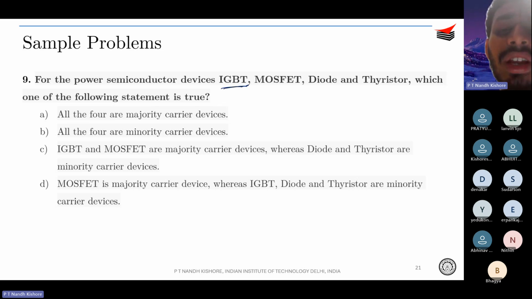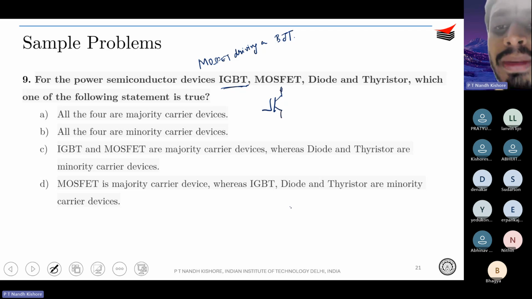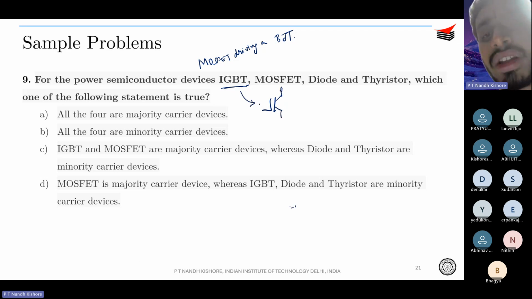IGBT, as you may be well aware, is actually a MOSFET driving a BJT. That is why you have an insulated gate and then a BJT kind of structure for an IGBT.